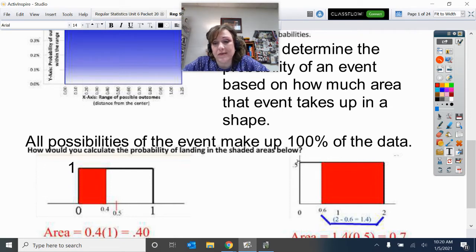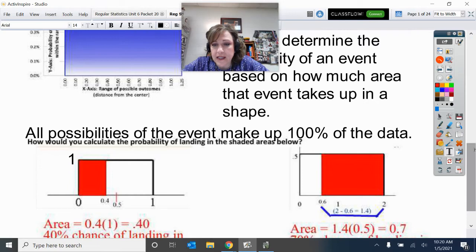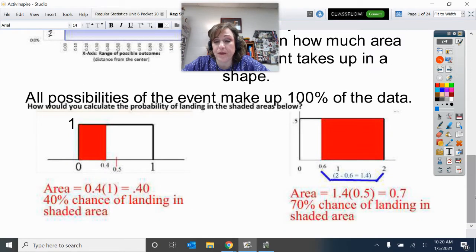So this one is probably still not drawn to scale, but how would I then compute the area of this red section? Well, it's length times width. So this from 0.6 to 2 is a distance of 1.4, and 1.4 times a half is 0.7.